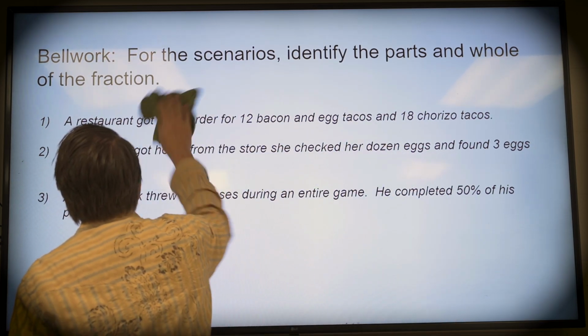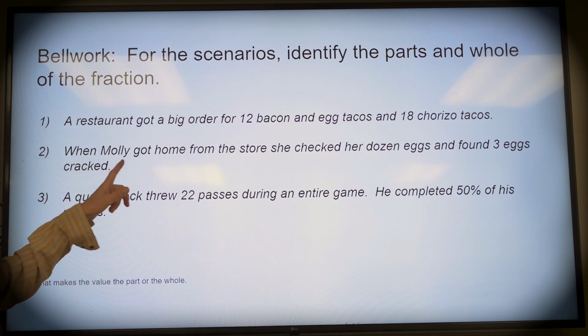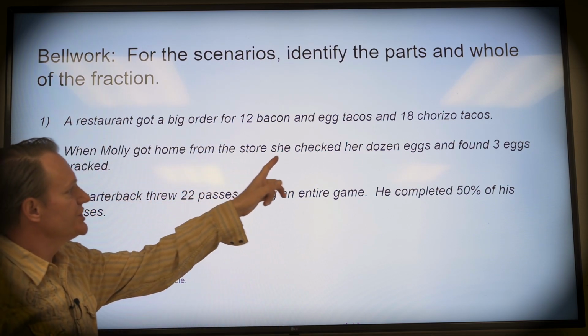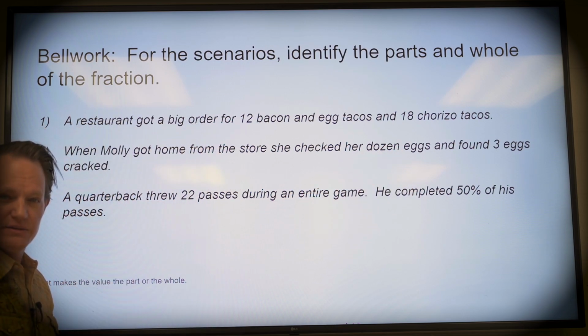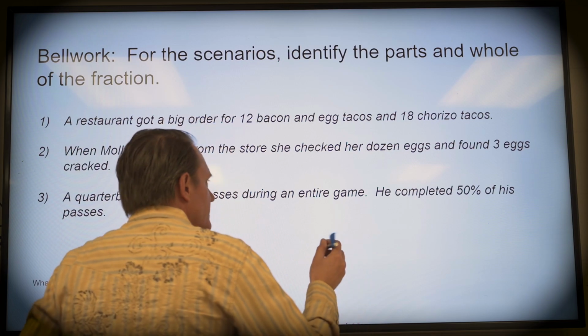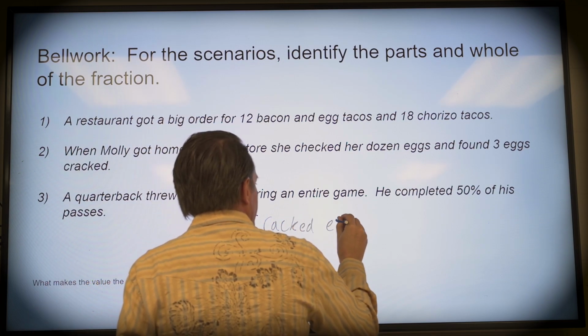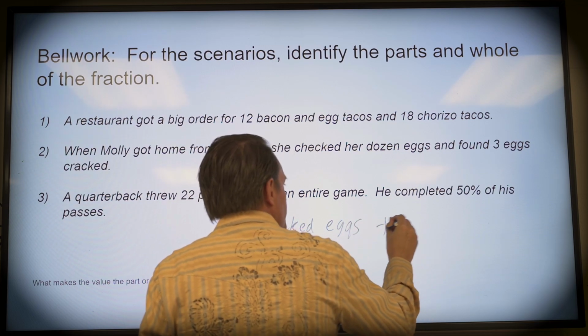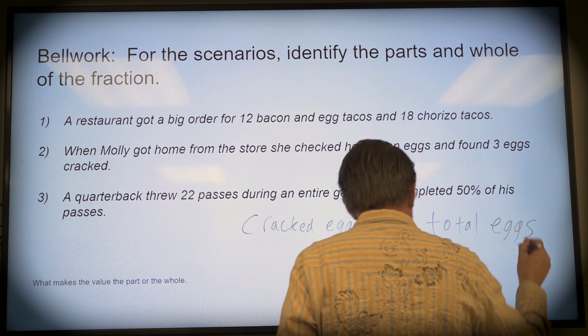Let's do problem number 2. When Molly got home from the store, she checked her dozen eggs and found 3 eggs cracked. Let's do cracked eggs to total eggs.